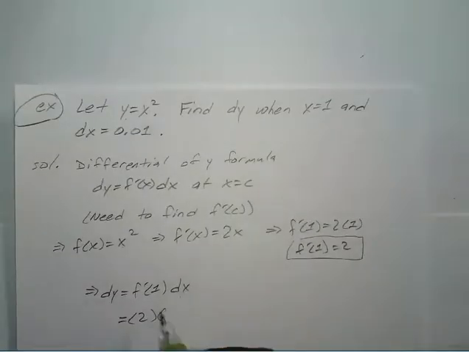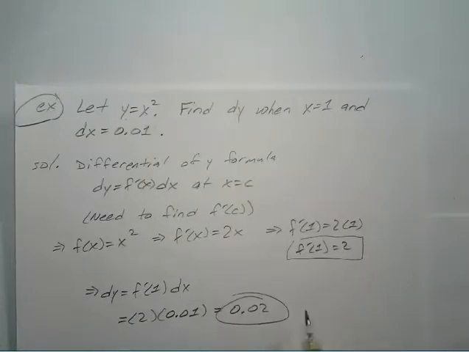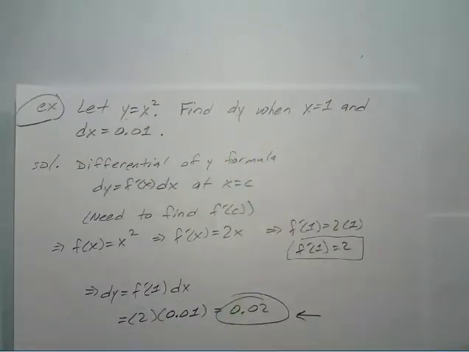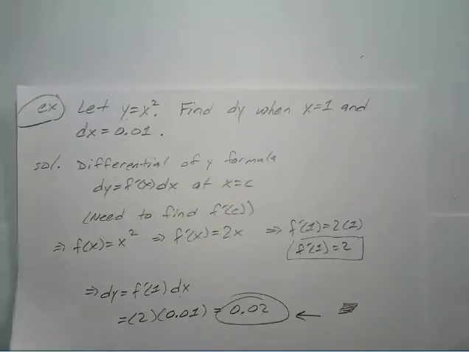So that should be 0.01, which is 0.02. So that's your change in y, or your dy. If you're still writing on this one, feel free to press pause, but we're going to jump to the next example.